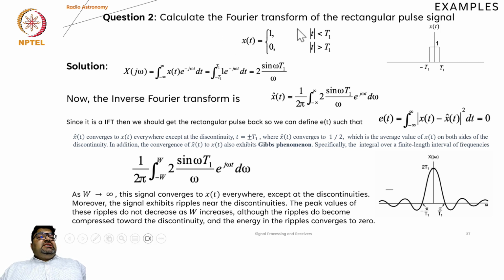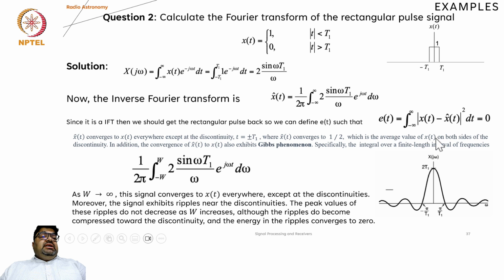The other one is question number 2. We take a Fourier transform of a rectangular pulse signal where it is equal to 1 between minus t1 and plus t1 and goes to 0 elsewhere. If you do that, you will find that it's a sine(omega t1) over omega kind of function. However, there is a little bit of a discrepancy exactly at the discontinuity near minus t1 and plus t1.